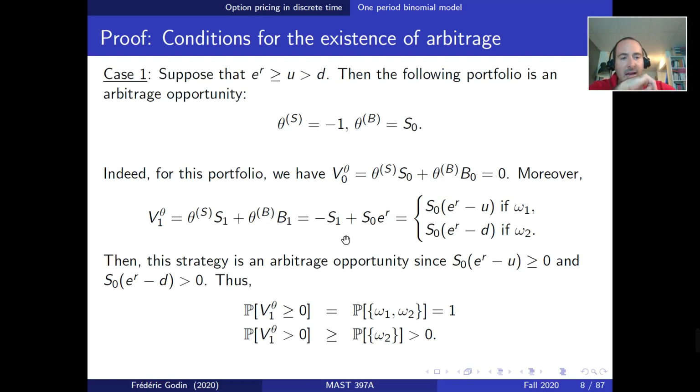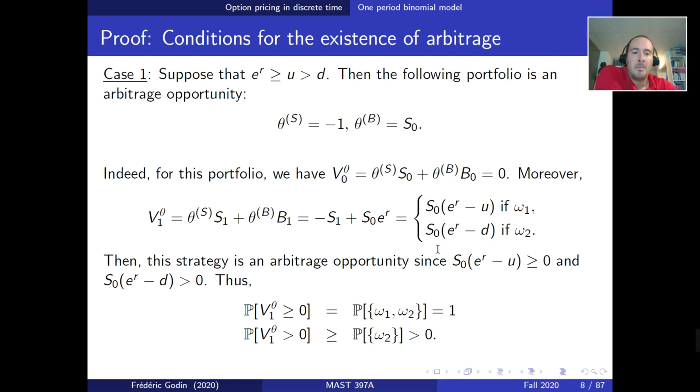S1 can be either S0 u if we have an upward movement, or S0 d if we have a downward movement in this stock. If the outcome omega 1 occurs, then the stock has an upward movement. S1 is replaced by S0 u, and the portfolio value is given by this quantity at time 1. Conversely, if there's a downward movement in the stock, S1 will be replaced by S0 d, so this portfolio value can be written as this quantity here if we factor out S0.